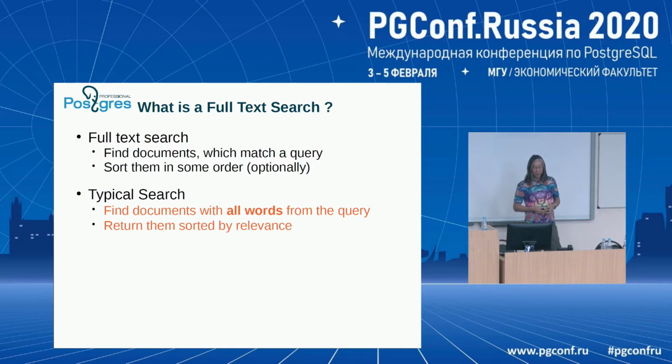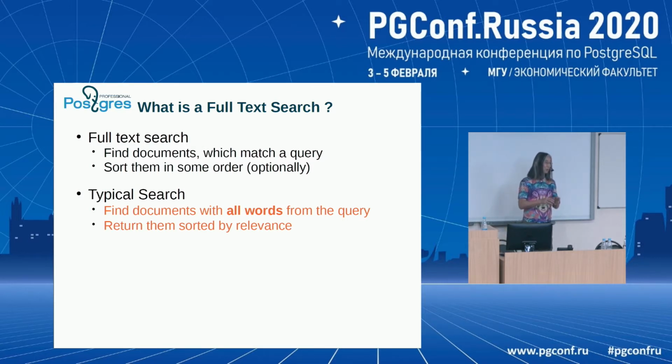People want to get them in a certain order, and this order can be defined not only by whether it looks similar to your query or it's a fresh document. It's absolutely up to you how you define it. A typical search is to find documents with all words from the query.